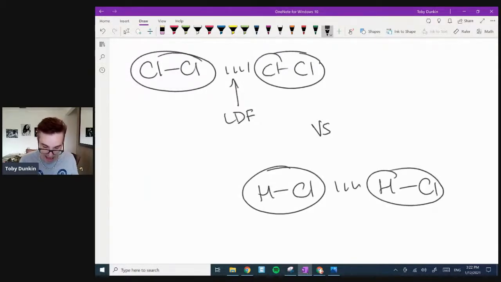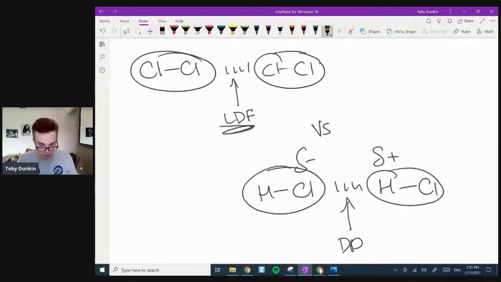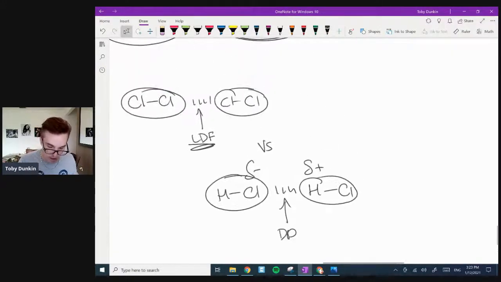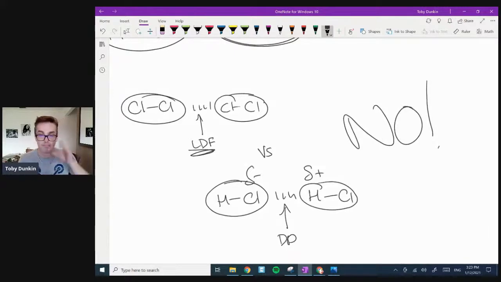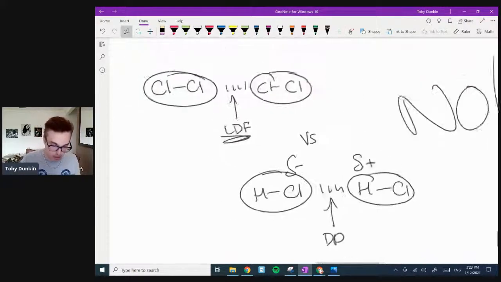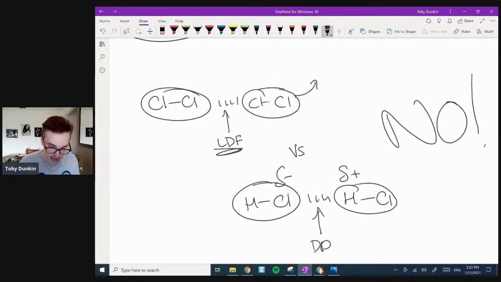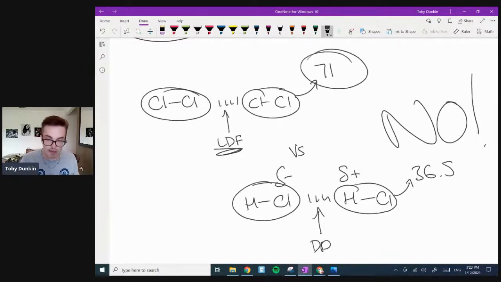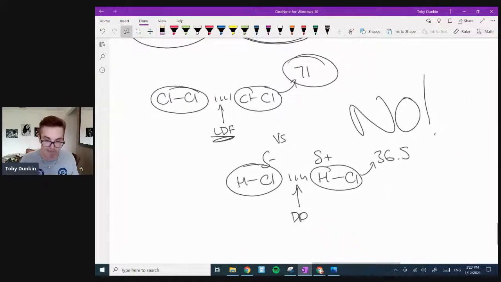We know that there is a DD, that's a permanent dipole attraction, and that's an LDF. You cannot do that comparison. The reason being is because the chlorine molecules have an MR of 71 and the HCl molecules have an MR of 36.5. What that means is the larger size of the molecule means that it's going to have stronger LDFs. You cannot do that comparison.